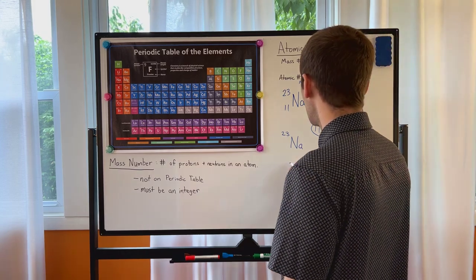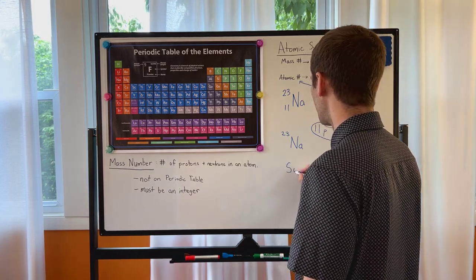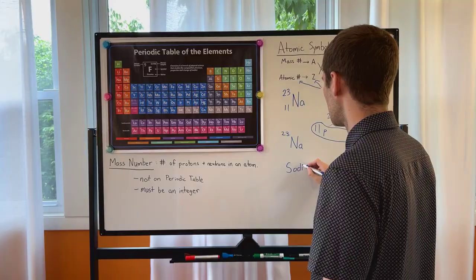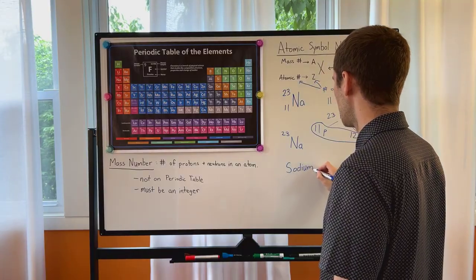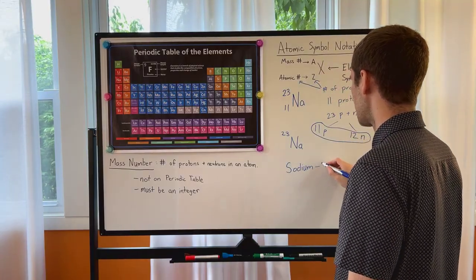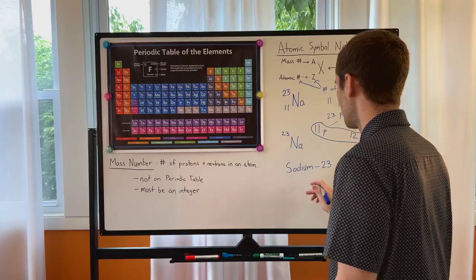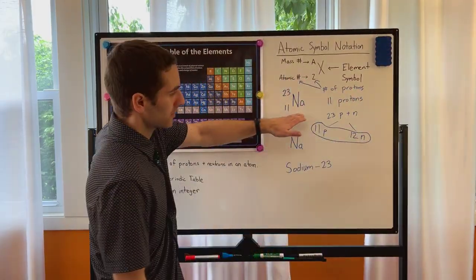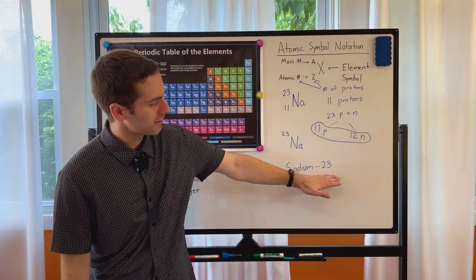And then lastly, sometimes you'll see this written with the full name spelled out, so sodium, and then a dash, and then the mass number. So like that. So these three things all mean the same thing.